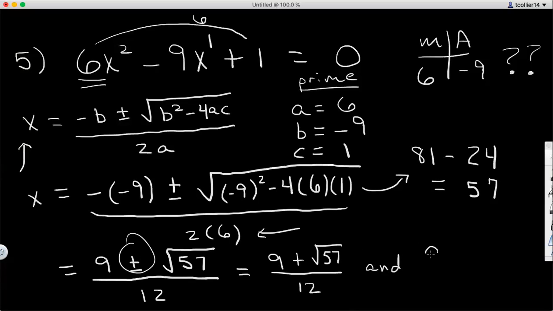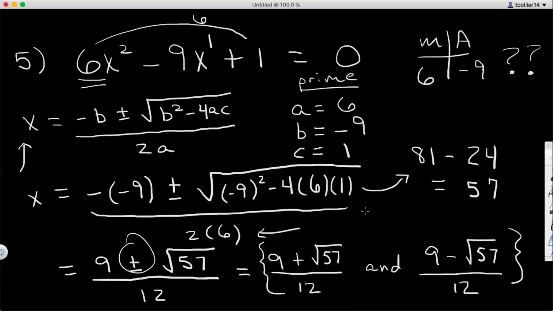So I can have 9 minus square root of 57 over 12. So I would put both of these inside my solution set. Now, if you do try and get decimals for these, they're going to be pretty crazy. They don't really have patterns to the decimal points, so just leave it as square root of 57. That makes a whole lot more sense to me.